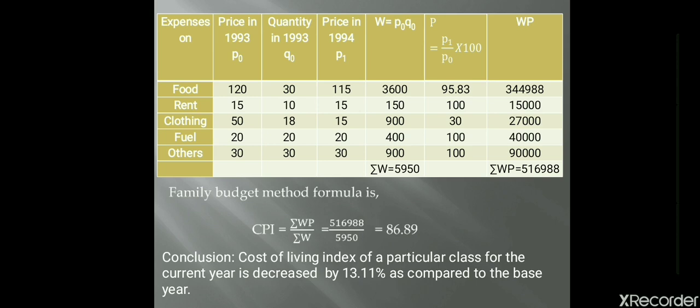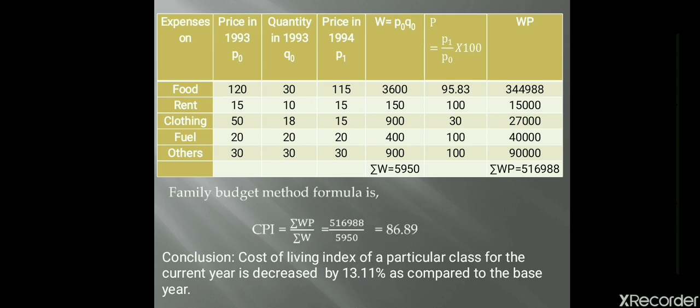Now, the last step in this table is to create WP values. So, for the same, we created the last column with the heading W into P. So, we have to multiply W column values with corresponding price relative values.